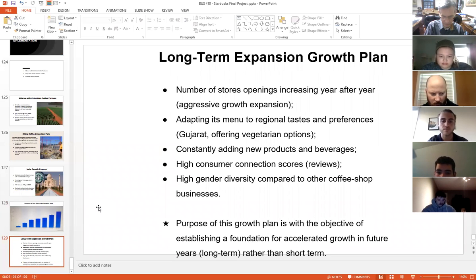There are high consumer connection scores, meaning there are positive reviews from customers in this geographic location, and also high gender diversity compared to other coffee shop businesses. The purpose of this growth plan is to establish a foundation for accelerated growth in future years rather than the short term in these countries.